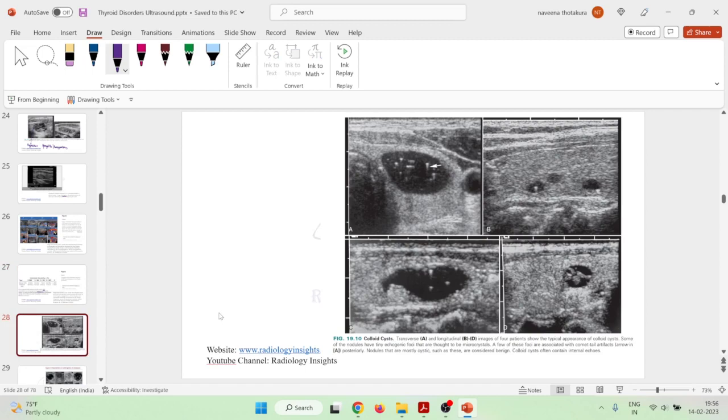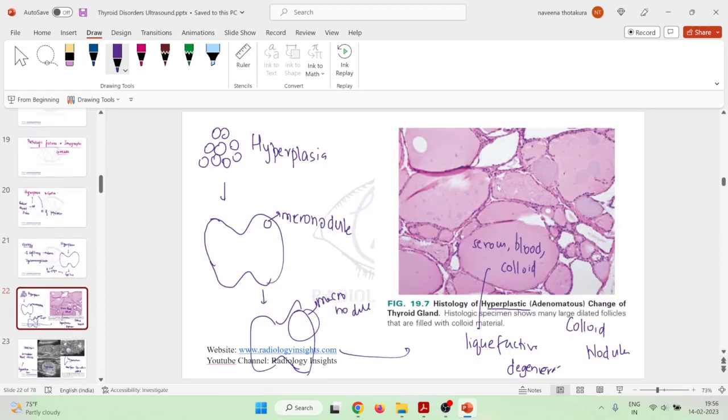Then, if you see the colloid cysts, as we have seen in the histological cases, if you see this histology, this is the thyroid follicle. Inside the follicle, there is degeneration. Liquefactive degeneration occurs. As a result, serum, blood, or colloid-like fluid gets accumulated inside this follicle, right?